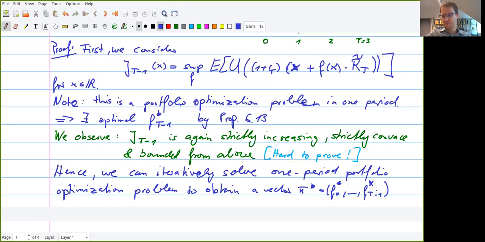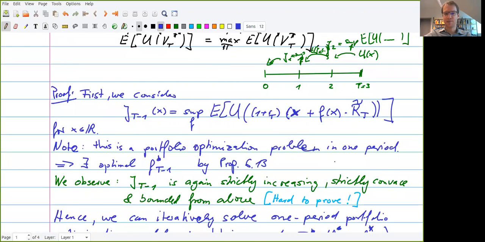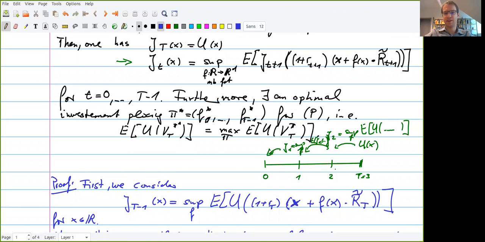Okay, so if we go back, this is actually somewhat the second part, which we haven't proved yet. The second statement means there exists an optimal investment policy P star, which has this property.